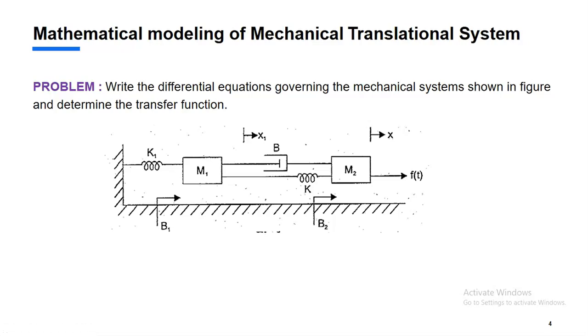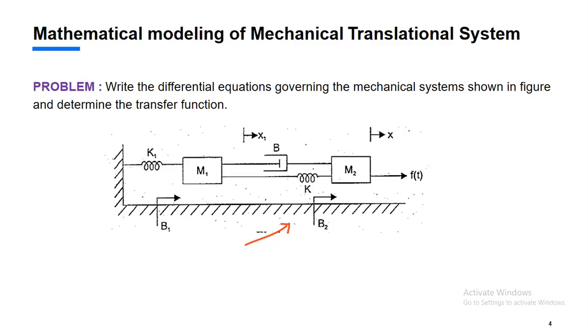So let us see a problem on a mechanical translational system. This is the mechanical translational system given. You have to write the differential equations governing this mechanical system, and we have to find the transfer function.